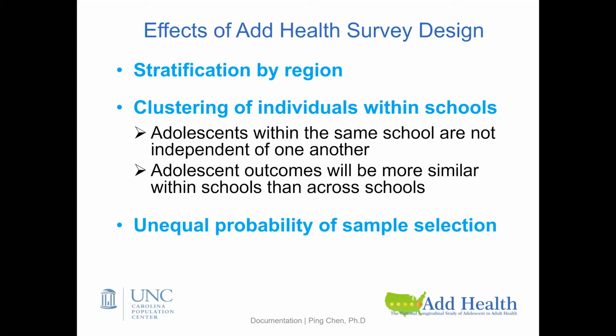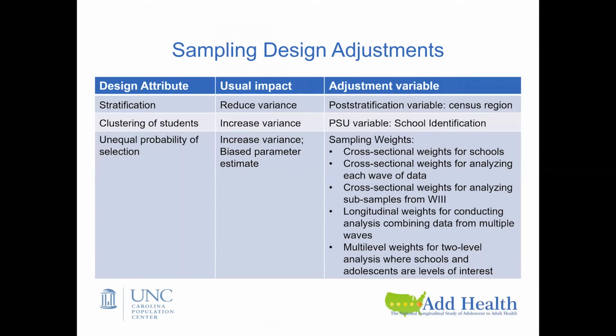And then, of course, false positive statistical test results. So this next slide describes how you make these adjustments. So stratification, the usual impact on the analysis after adjustment is made is it reduces variance.